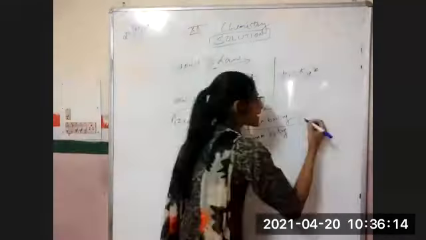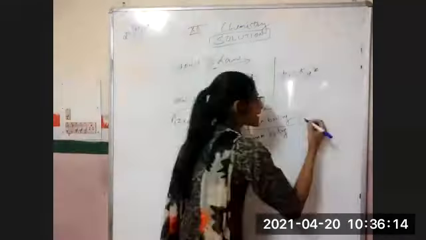What is colligative properties? Let's have a look. Colligative is made up basically of two words, coll and gative. Coll means collision, or we can say combine, and gative means dependent upon number.